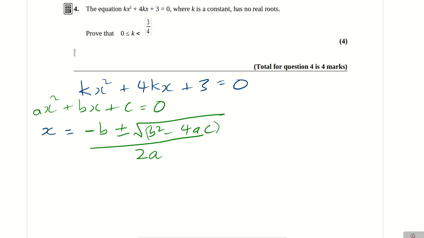So what we can do with questions like this is we can say, no real roots means b squared minus 4ac must be less than 0. If it's equal to 0, by the way, then that's okay, because the square root of 0 is 0, and that means we just get one root, minus b over 2a.